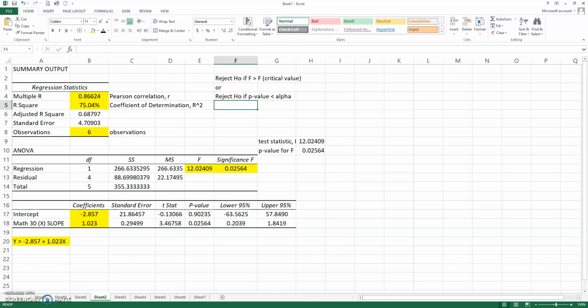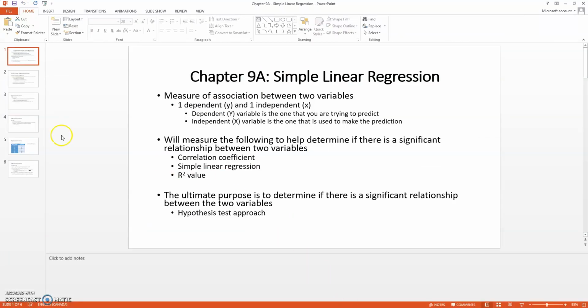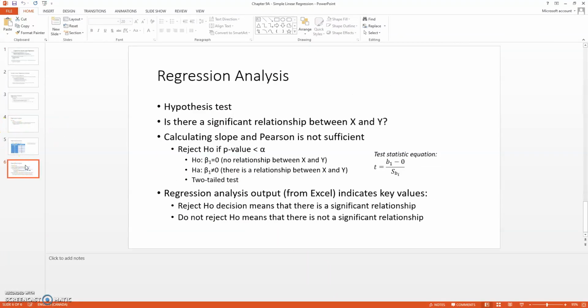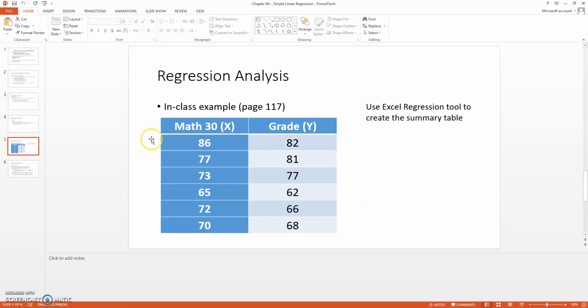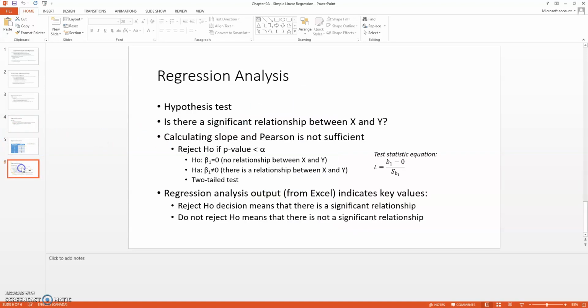Looking back at our question, it doesn't specify alpha. Let's just assume that alpha is 5%. So we're going to run this hypothesis test using the level of significance at 5%. We use this decision rule to reject the null hypothesis if the p-value is less than alpha.